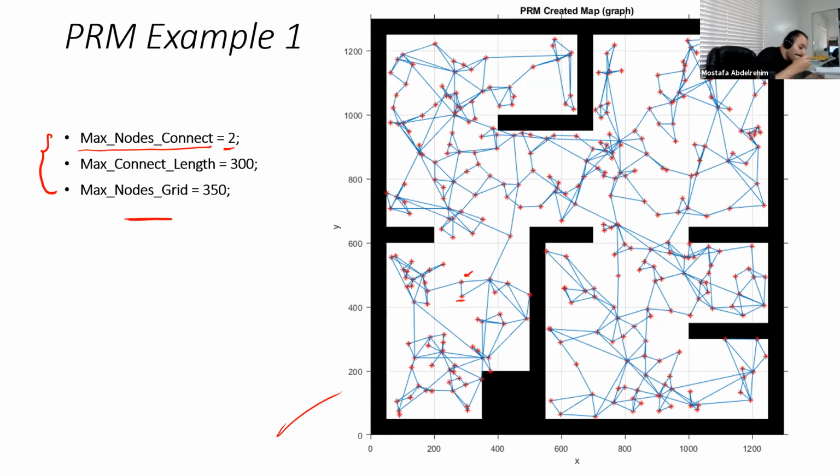So, for example, we generate a node like this, and the maximum number of nodes to connect is 2. Then we connect it to the closest 2, but within the range, which is in this example 300 meters. So this length here, L1 and L2, must be less than 300 meters.